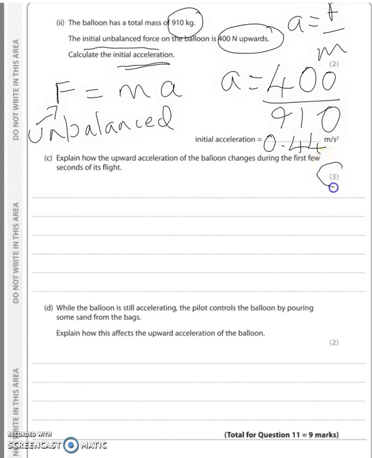Now this is for 3 marks, so you need to be quite detailed, and it's an explain as well. So it wants you to first of all state how the acceleration will change. So the first part of any explain question is actually saying how it will change. So as it starts going upwards, first of all, the speed's going to increase.